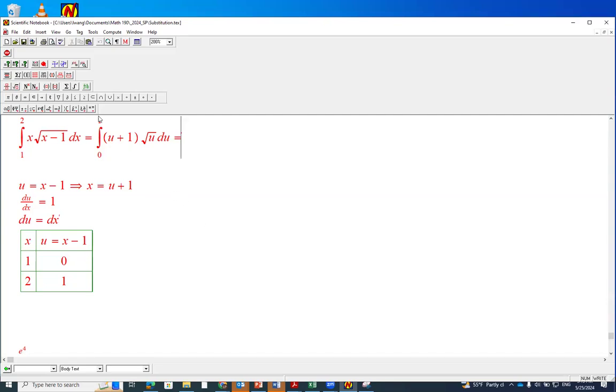What you need to check is that you have completely u here, du, not a single x, and the interval is also changed for you. So there's three parts we need to change. The function itself needs substitution. Dx needs to change to du, and the interval needs to change. So there are 3 changes, all happening in one step.